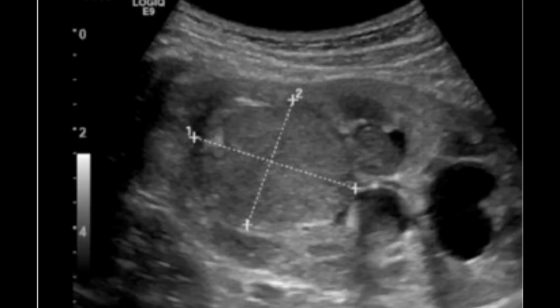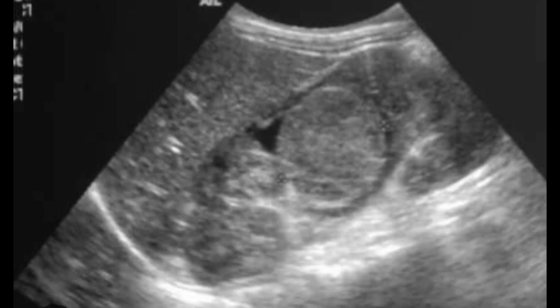I would comment on this slide as a middle pole echogenic spherical solid mass without any pelvicalyceal dilatation, without any compression, and without breaching the renal capsule, and this is quite spherical.